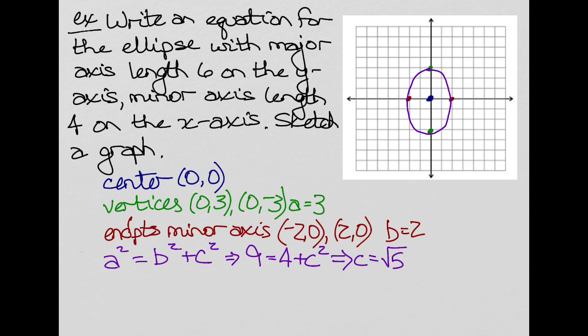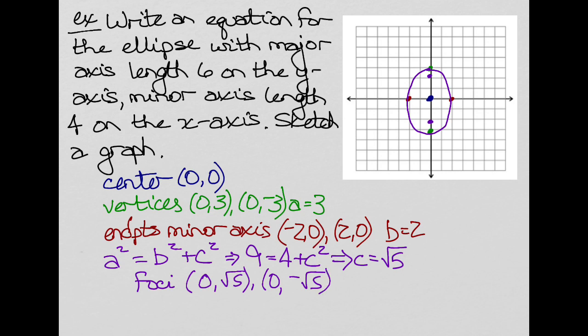And now I know the foci are at, let's see, the foci are on the major axis, so that's the y-axis. The square root of 5 is a little bit more than 2. That's close enough. My foci are at 0, positive root 5, and 0, negative root 5.